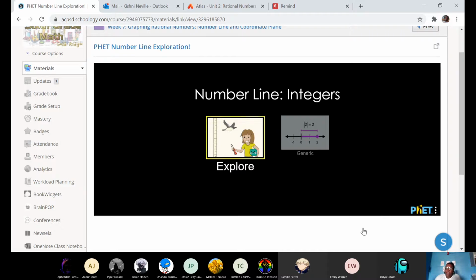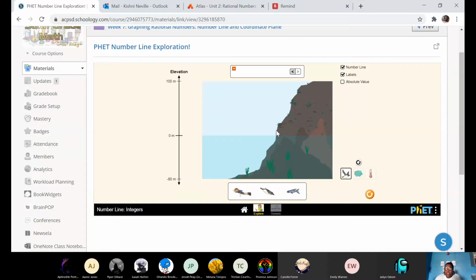So once you're there, you're going to click on Explore. And when you click on Explore, you're going to see this really fun screen. You'll see a virtual number line over on the left side.